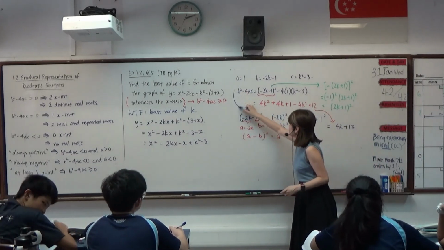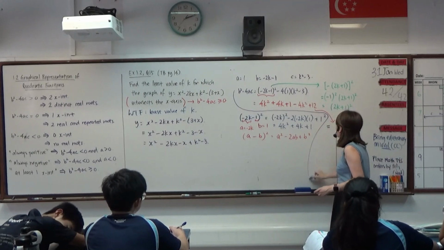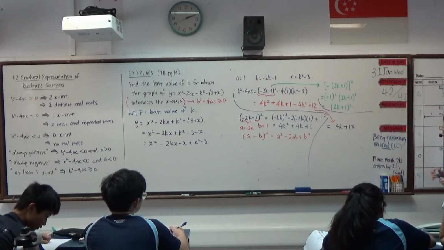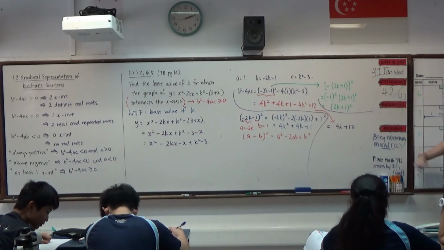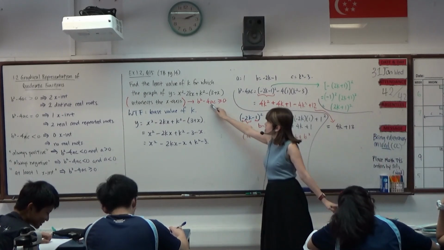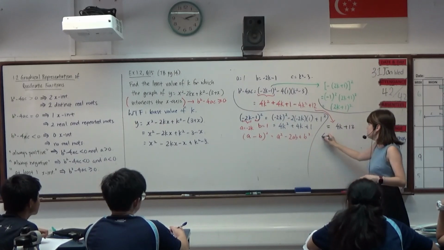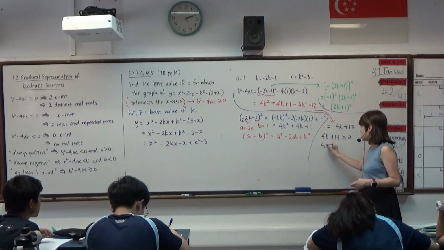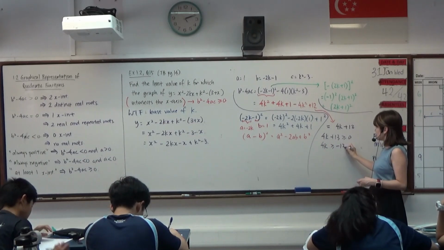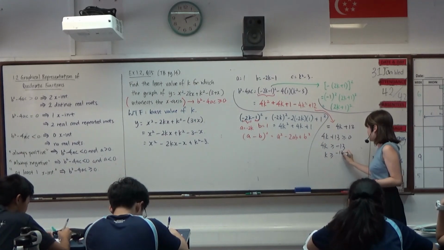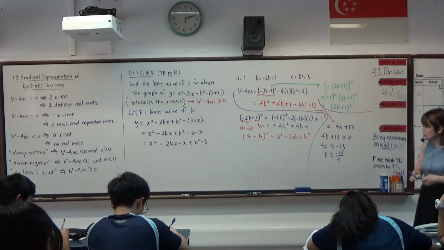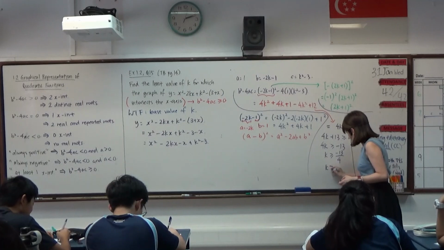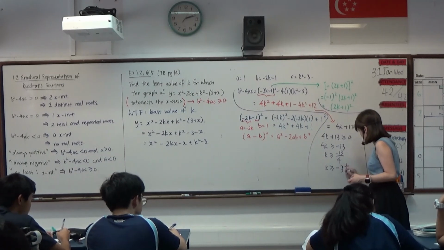So 4k plus 13, and we are given the information that the discriminant is more than or equals to 0. So 4k plus 13 is more than or equals to 0. 4k is more than or equals to negative 13, and k is more than or equals to negative 13 over 4, which is k more than or equals to negative 3 and 1/4.